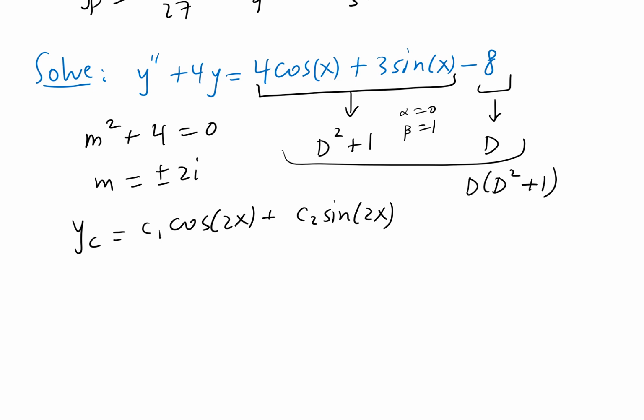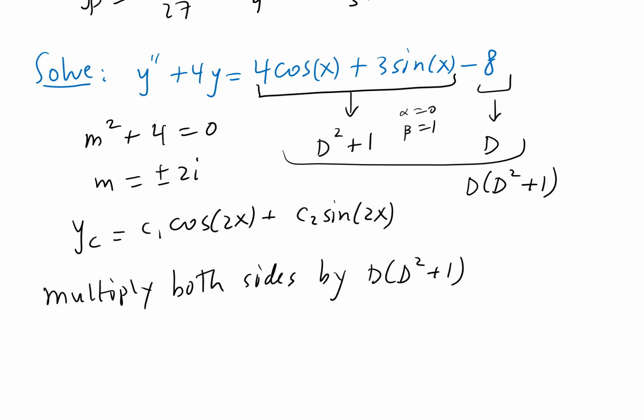This means we multiply both sides of the equation by d times d squared plus 1, after converting the left hand side into d squared plus 4, times y, equals 4 cosine x plus 3 sine x minus 8.